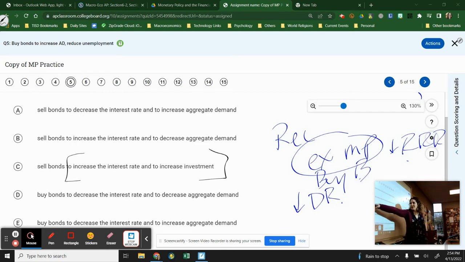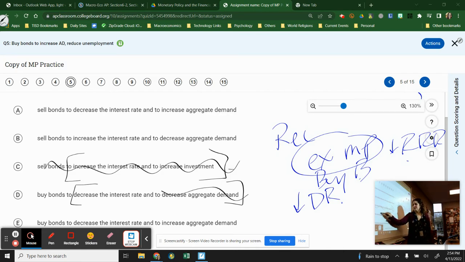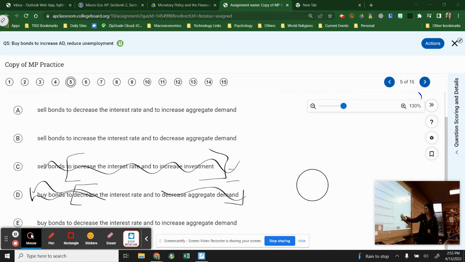No, it doesn't matter what that says, that could say whatever. That is wrong because that combo doesn't make sense. Same thing here. Decreasing the interest rate to decrease aggregate demand. Loans are cheaper, so people spend less. No. So make sure that your combos of relationships go together. Relationships should make sense. So don't get too bogged down, just cross out things that don't make sense.